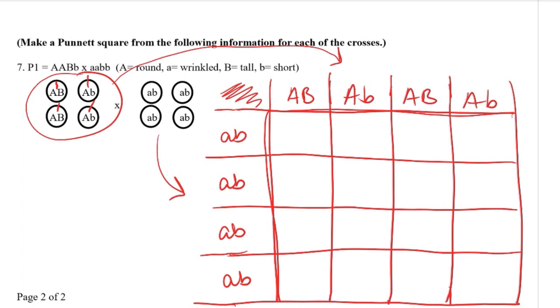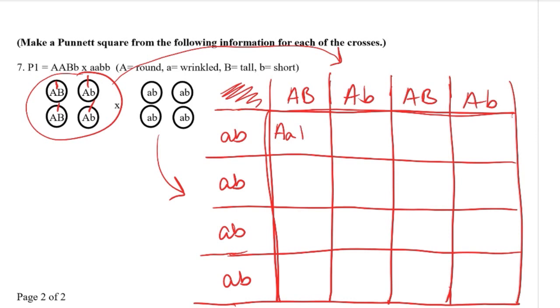Now what we need to do is recombine, going back to our rule of the dominant letter first to help us when we get to genotype and phenotype. I'm going to recombine each, and I'm going to be consistent all the way throughout. So let me do my A's first. Capital A, lowercase a.